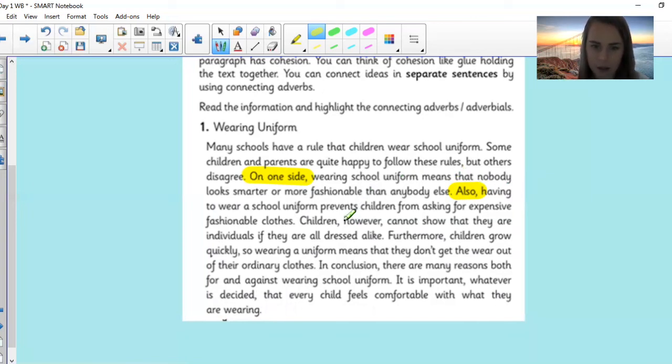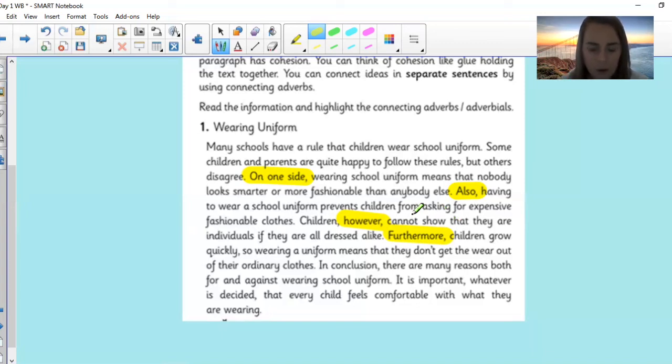And we have got however, which is a contrasting conjunction. It contrasts to the sentence before. So this is a reason for, however, this is a reason against. Furthermore, children grow quickly, so wearing uniform means that they don't get the wear out of their ordinary clothes. We've got furthermore. And again, this is another reason against it. It's trying to agree that children shouldn't wear uniform.